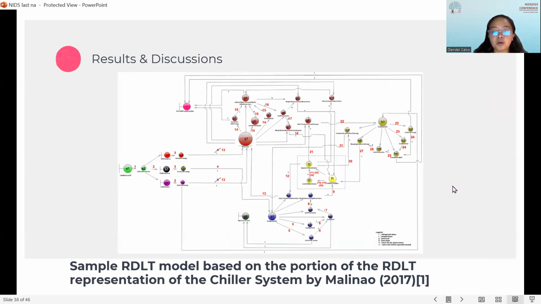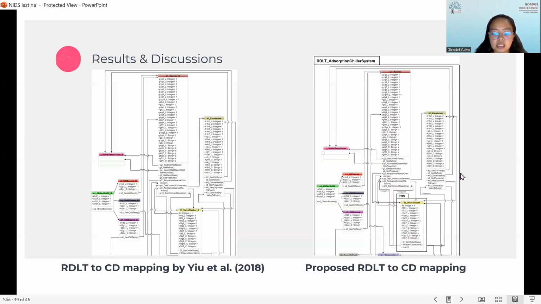And this is a sample RDLT model based on the portion of the RDLT representation of the chiller system. I use this portion for illustrating the RDLT to CD mapping. And this is a comparison of the RDLT to CD mapping of the previous literature and the proposed RDLT to CD mapping in this research.